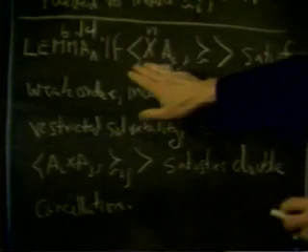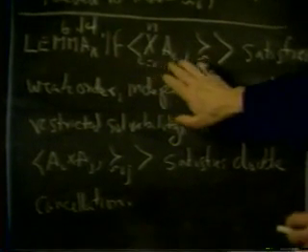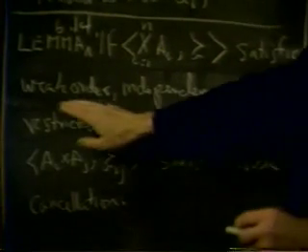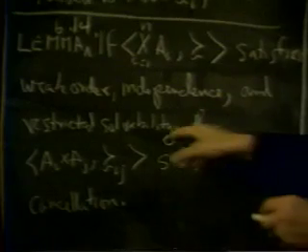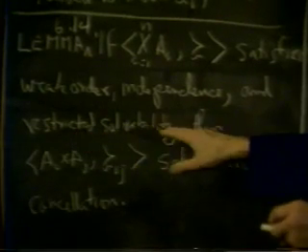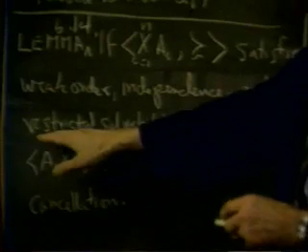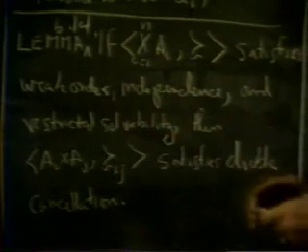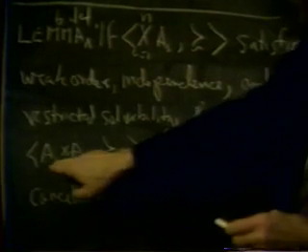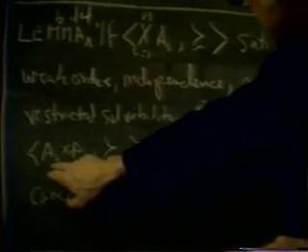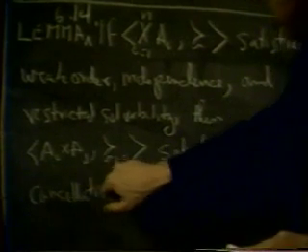Suppose that the conjoint structure on n components satisfies the weak order condition, independence as I've just defined it, and restricted solvability, which I'll later specify. It's the obvious generalization of restricted solvability in the n = 2 case. Then any of the subsystems involving two components, with the induced relation that is induced via the independence definition, in fact satisfies double cancellation.